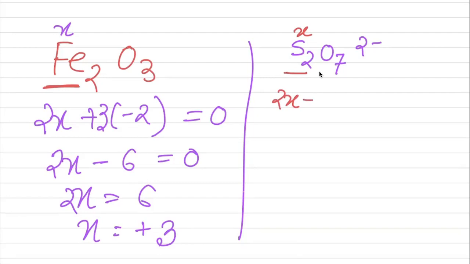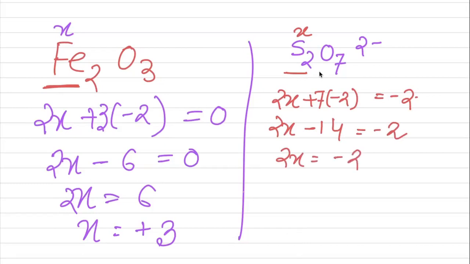Plus how many oxygen atoms are here? 7. So 7 into -2. What is the charge on the ion? -2. Let's do the calculation then. 2x minus 14 equals -2. 2x equals -2 plus 14. 2x equals 12. x equals +6. See, understood or not?